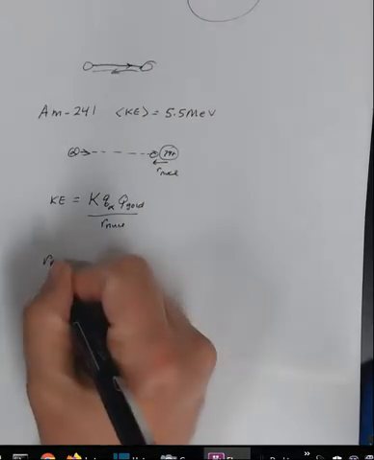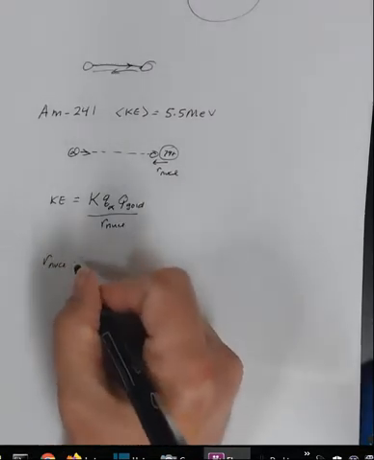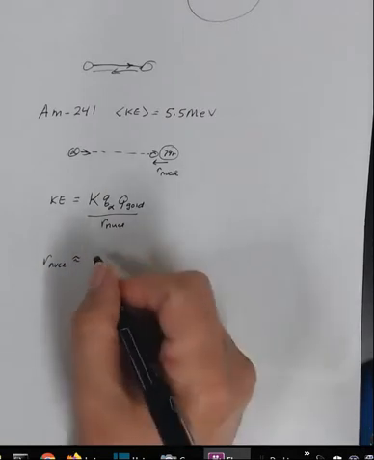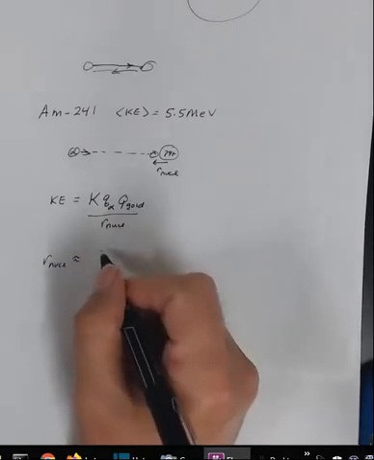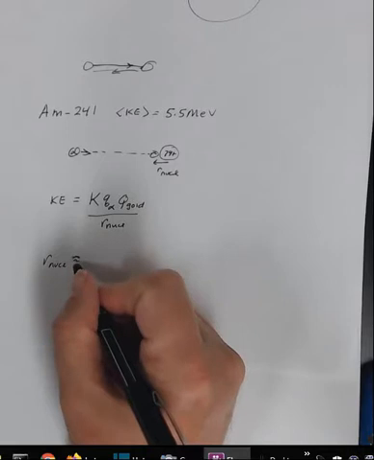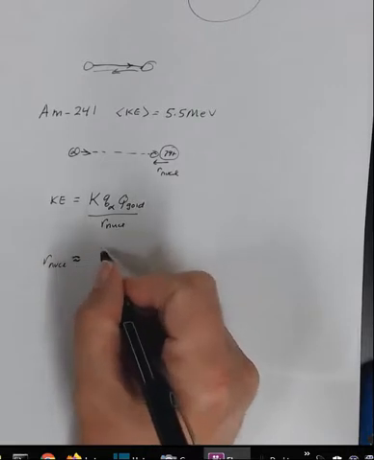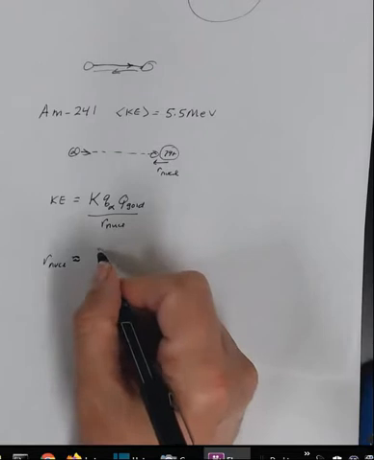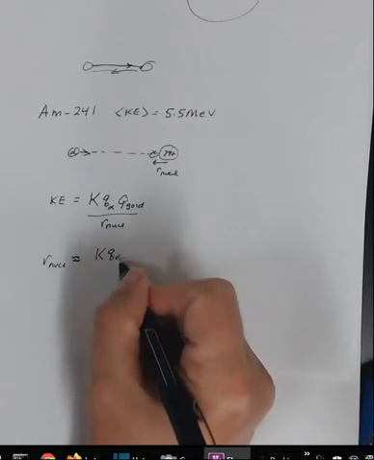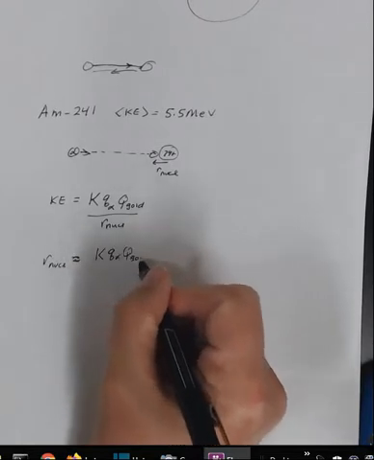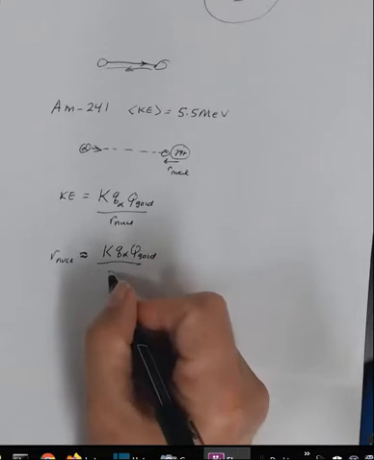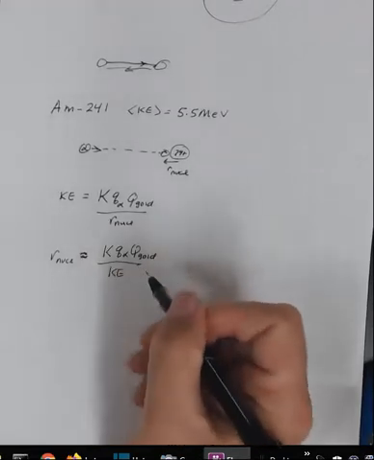If we solve, the radius of our nucleus is approximately equal to k Q alpha Q gold over K_e, the kinetic energy.